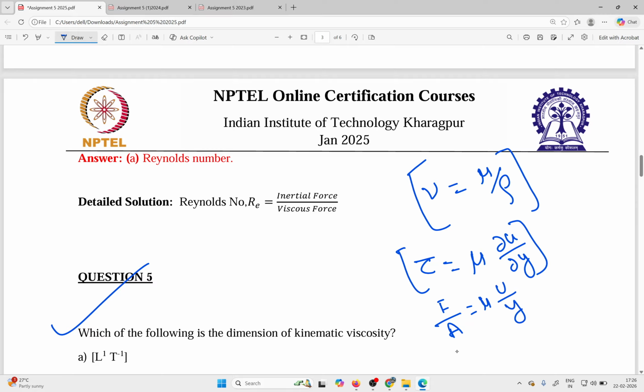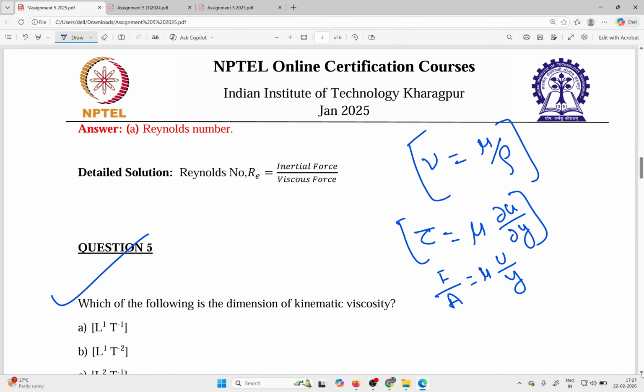Now F, we have already discussed in the first question, is M L T minus 2. This is over L square, times mu, and for velocity it is L by T, because it is meter per second, and y is meter. So one L will cancel out.